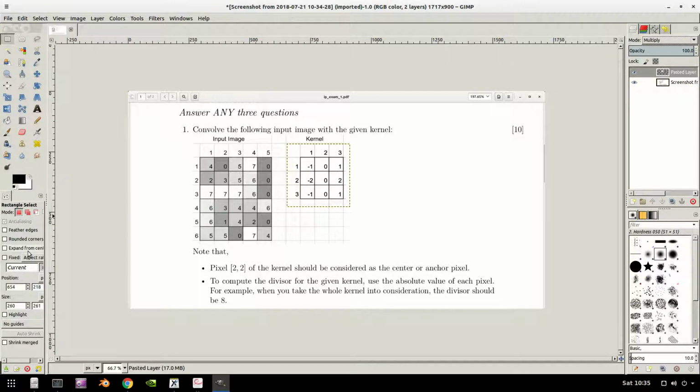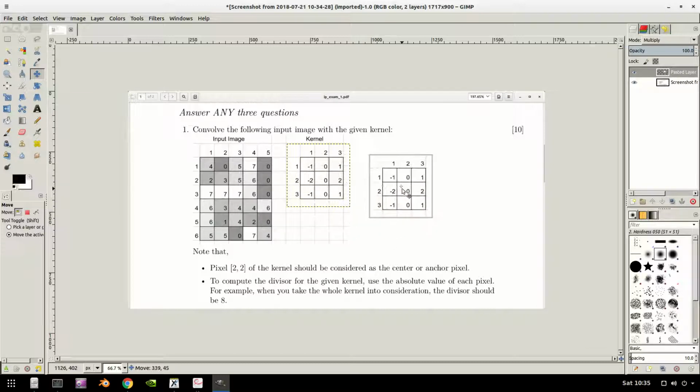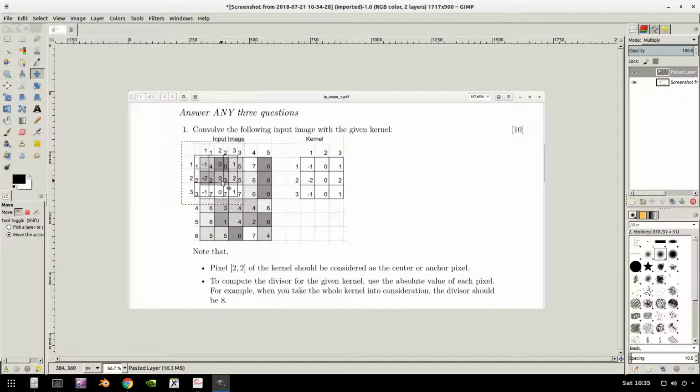See, what we are trying to do here in terms of convolution is take this kernel and put it on top of this image. That's called superimposing. If I put it over here, you see how these things are multiplied.